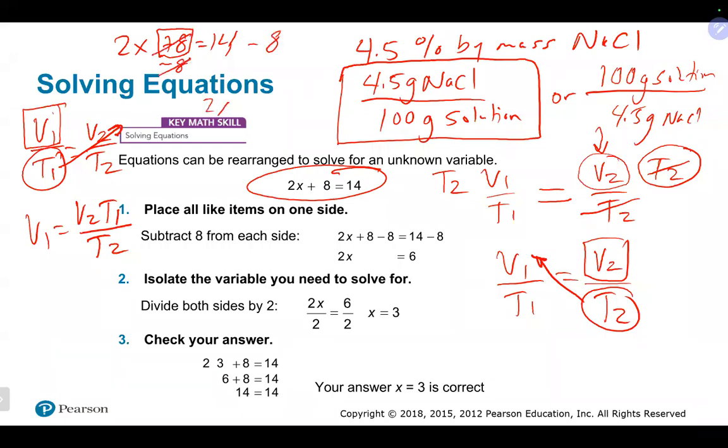That would give us 2x is equal to 6. That gives us 2 times x, right? And we want x by itself. So the opposite function would be to divide, right? So we would divide both sides by 2. That gets rid of the 2. X will now equal 3 in this case.